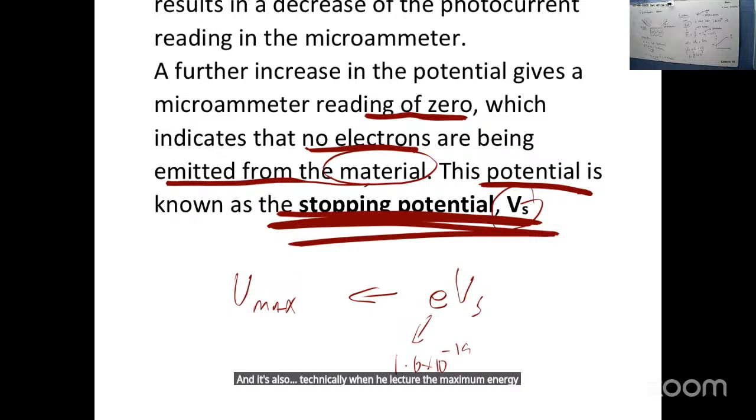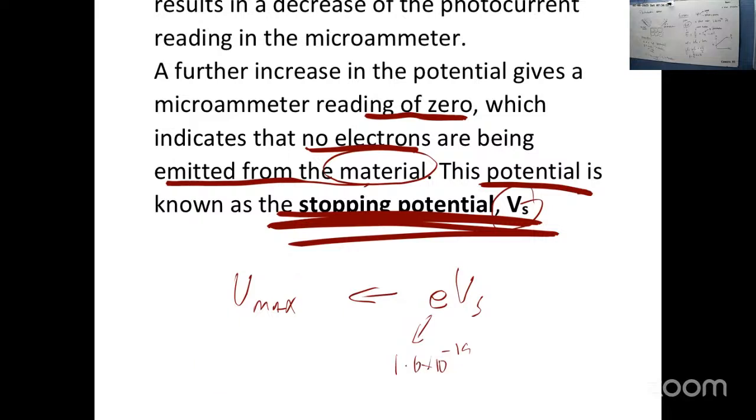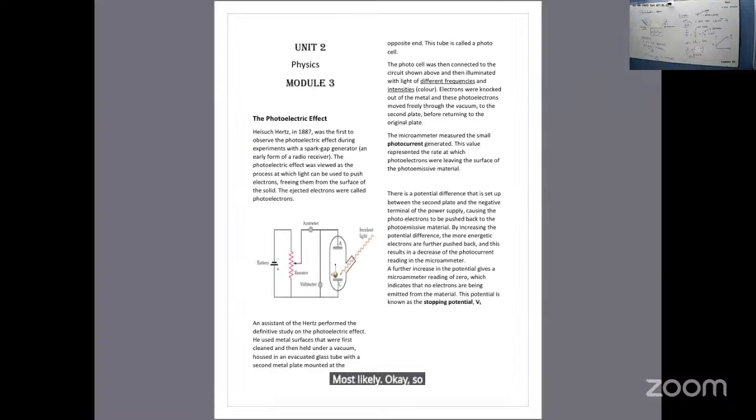It can't go beyond that. The electrons might be leaving plate C, but they can't go to the other plate. They are probably just trapped inside it. So that is your stopping potential.